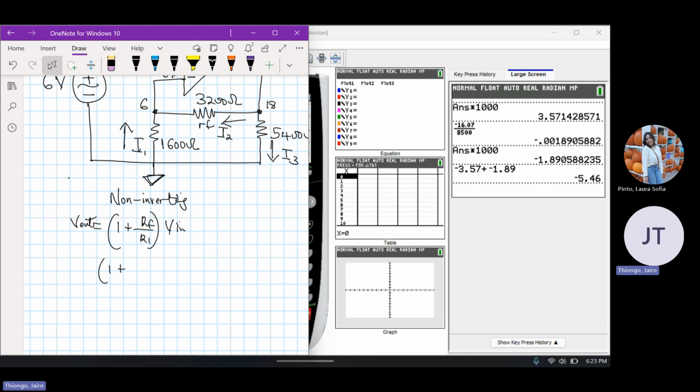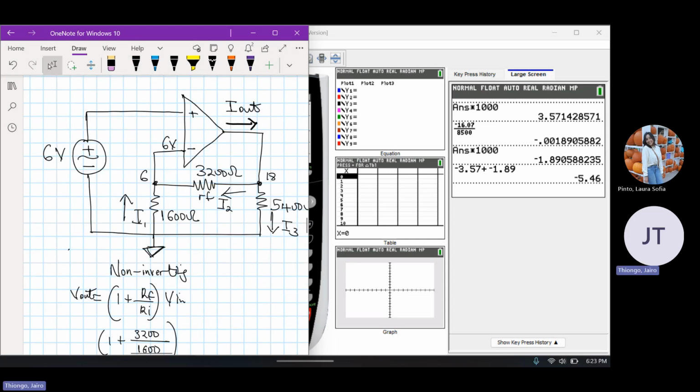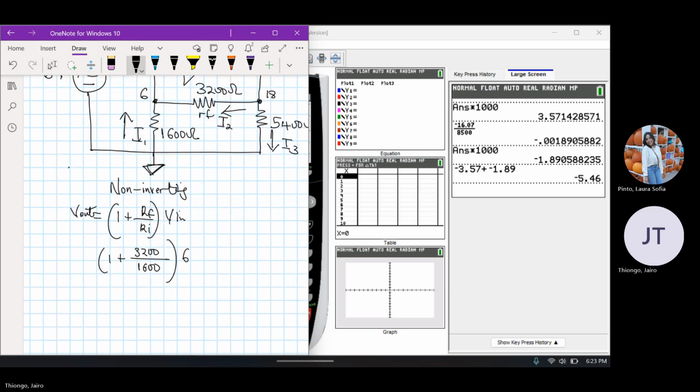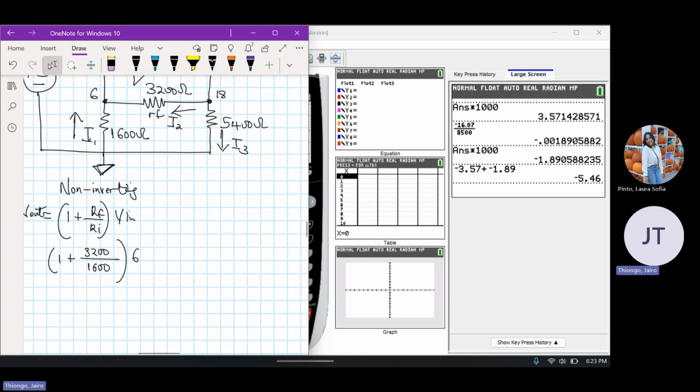So our feedback would be 3200, and this will be our input over 1600, our R input, Ri, and then V in will be 6. We'll plug these values into our calculator.